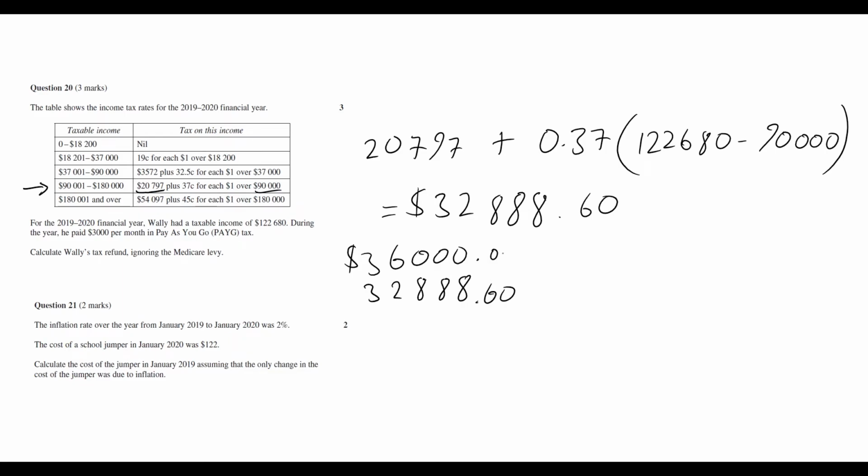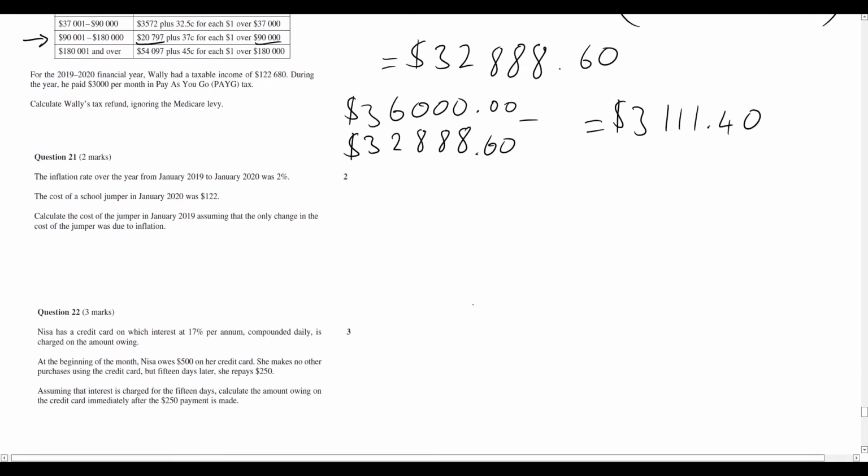I'll write this out a little bit neater. There we are. And what we get is that he will get a tax refund of $3,111.40. And there we go. So that's question 20. All right, question 21. The inflation rate over the year from January 2019 to January 2020 was 2%.